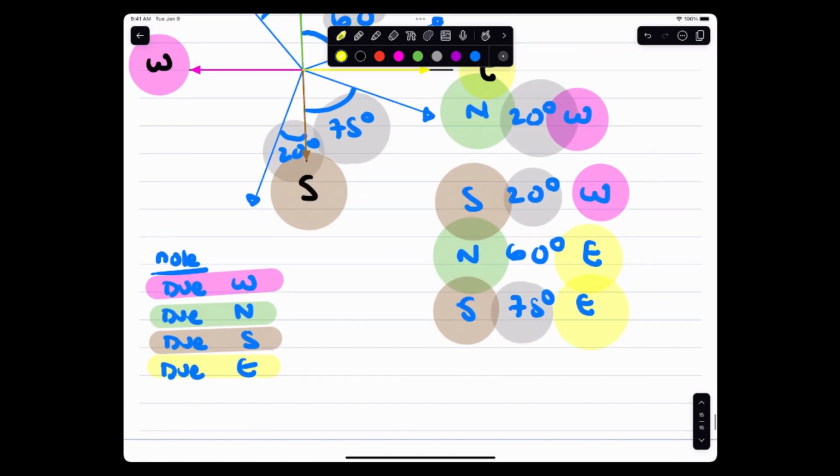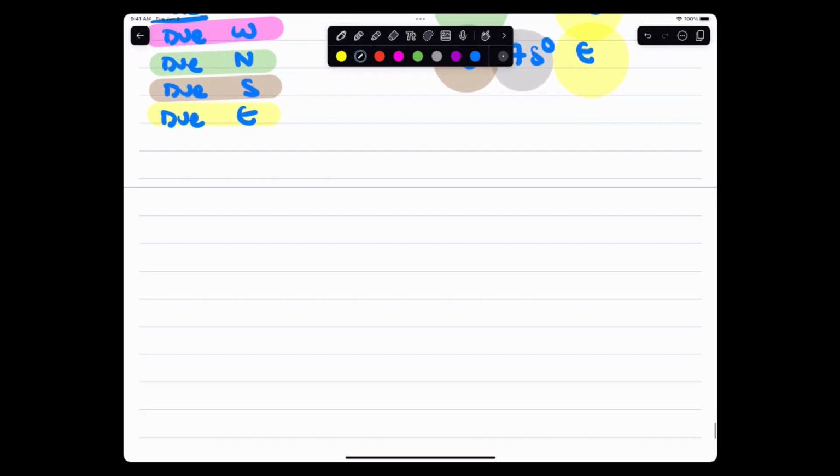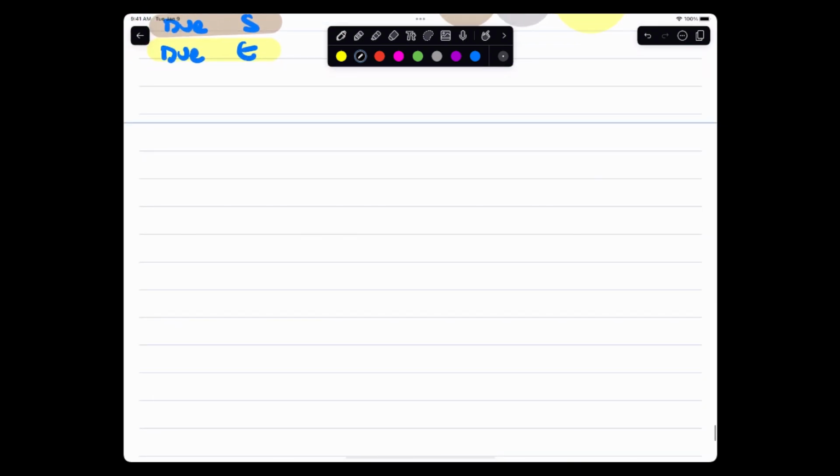So you might say to me, what does this have to do with law of cosines? You guys want to see what it has to do with law of cosines? Let's give you guys some law of cosines. Two boats leave the same port.